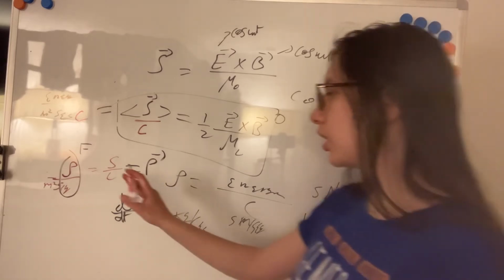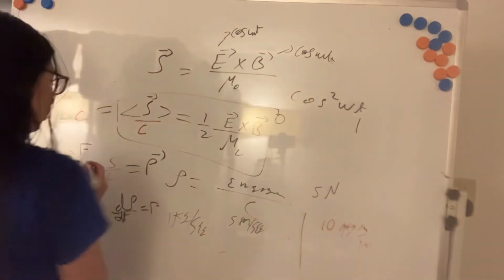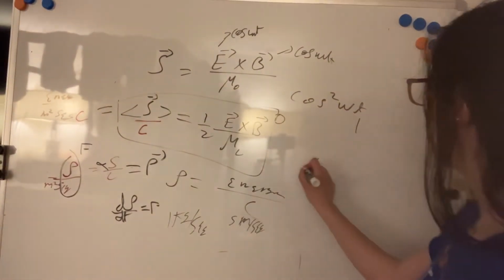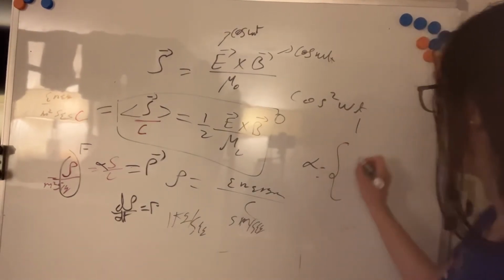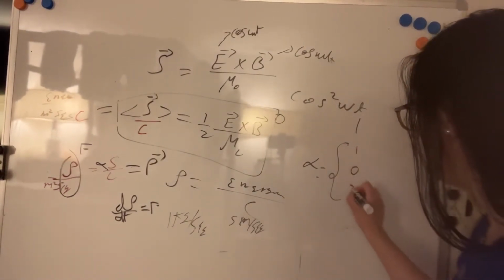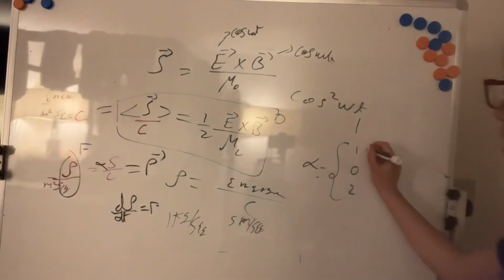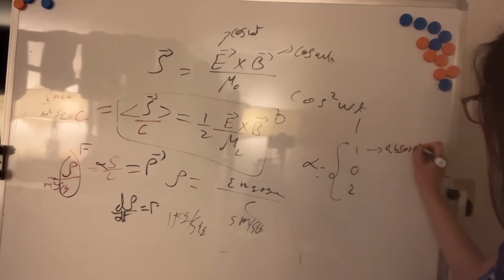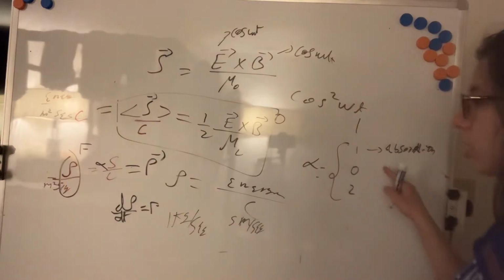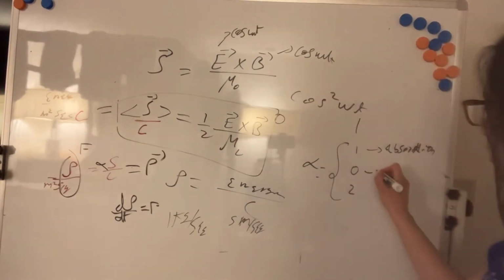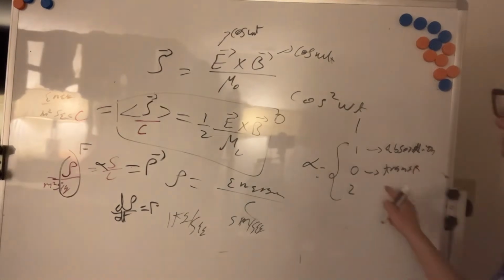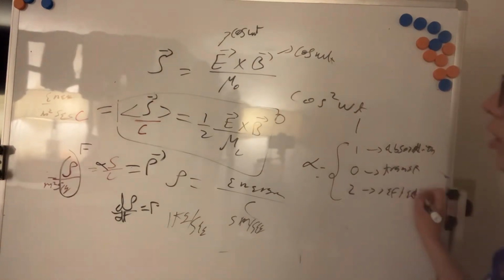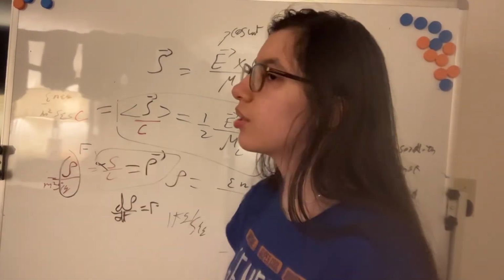Actually, it is times a constant or a factor, let me call it alpha, where alpha could be 1, 0, or 2. 1 is if there is complete absorption, 0 if it goes through transparently, and 2 if it reflects. So actually this is the radiation pressure.